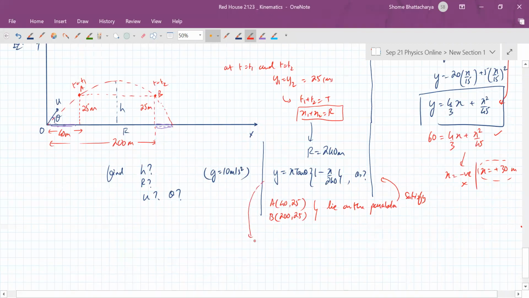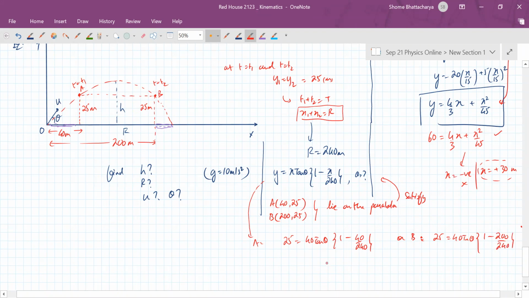So for example, if I substitute E, you'll get that 25 should be equal to 40 tan theta into 1 minus 40 by 240. Now this is the same information that you'll get if I substitute B. That is 25 is equal to 40 tan theta into 1 minus 200 by 240.